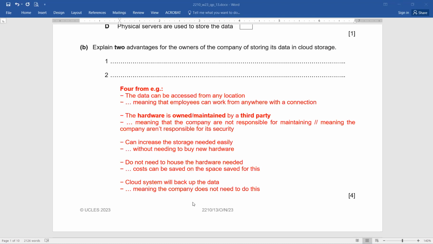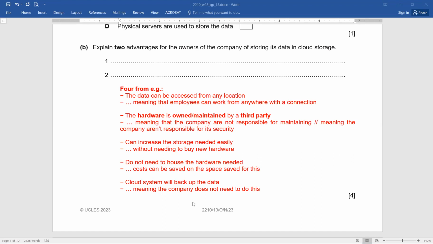Since they are asking to explain two advantages for the owners of the company, you have to take into account that they are expecting the students to answer with respect to the owners of the company. So the data can be accessed from any location, and the employees can access it from anywhere in the world, wherever they are.